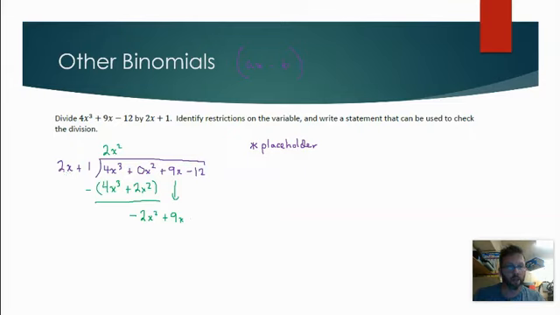Look at the leading terms: 2x and negative 2x squared. 2x goes into negative 2x squared negative 1x times. Multiply it out. Negative 2x squared. Negative x times 1 is negative x. We subtract and are careful with the negatives. 9 take away negative 1 is positive 10.